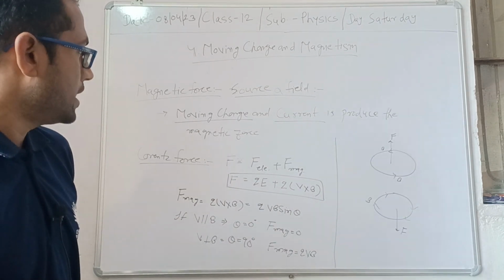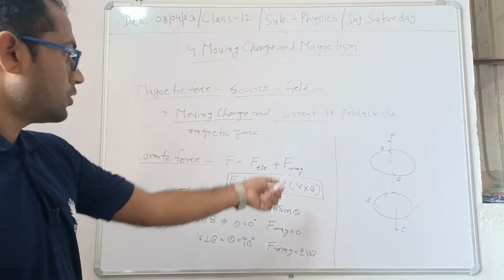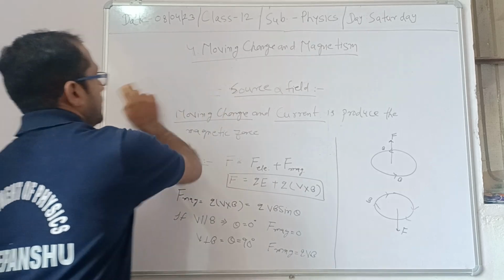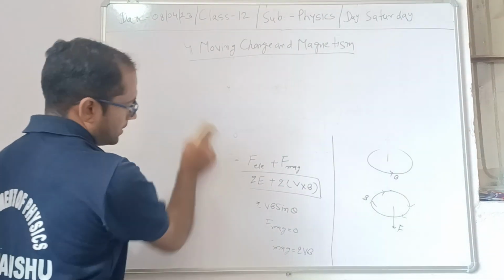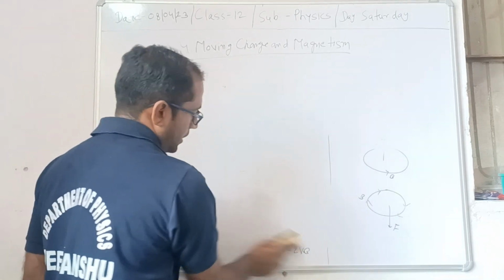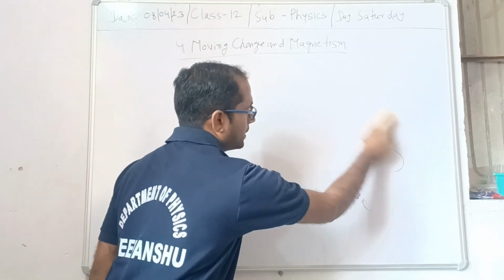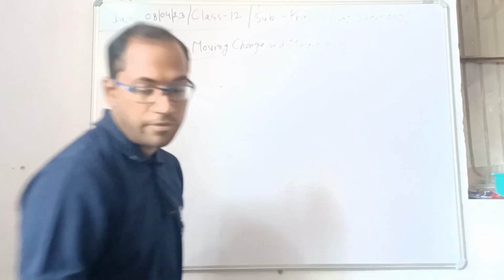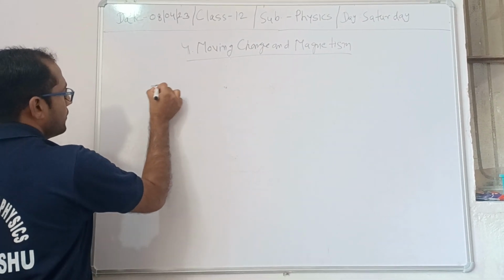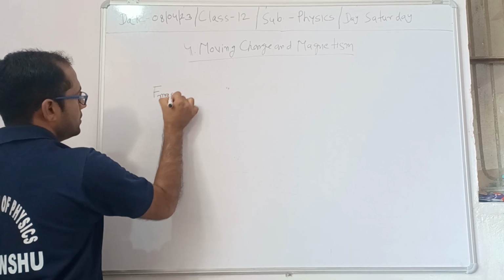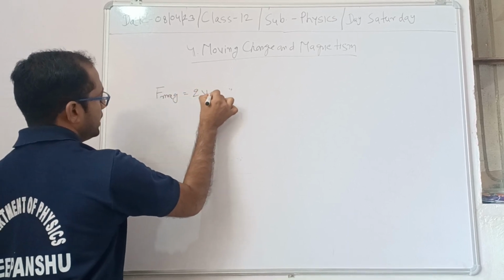Now let us find the unit of B. Just as the electric field has a unit, the magnetic field also has a unit. We know that F magnetic equals QVB.